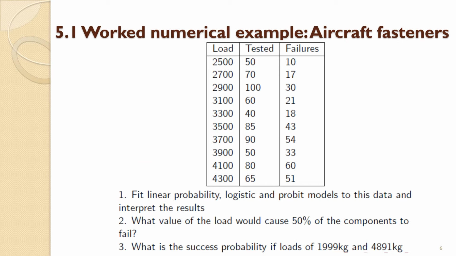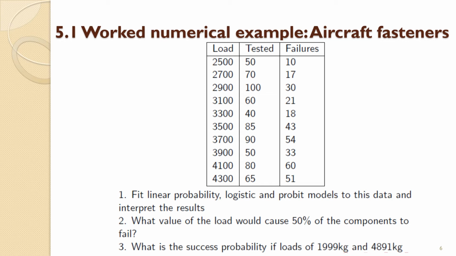So we're back to this worked numerical example then. With these aircraft fasteners, I just wanted to show you how you would answer these three basic problems. You're asked to fit linear probability, logistic and probit models to this data and interpret the results. Again, you would expect to find very similar interpretation in each case.